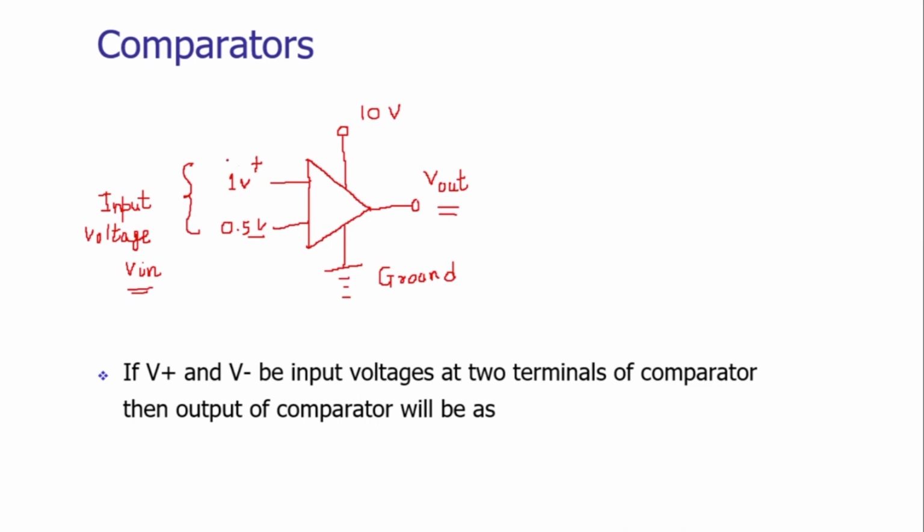If the input value at the non-inverting terminal is more than the input value at the inverting terminal, then the output will be 10 volts. The output is nothing but the supply voltage that we applied. So in this case the voltage at the non-inverting terminal is more than the inverting terminal, leading to the output as 10 volts.